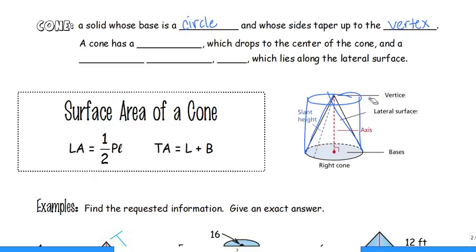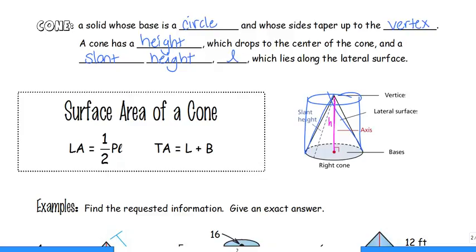A cone has a slant height, and has a height which drops to the center of the cone. So if we look at our cone right there, this is going to be the height of our cone, and it also has a slant height, which again is that cursive L. And the slant height for a cone is much easier.